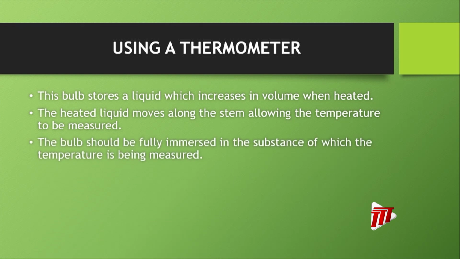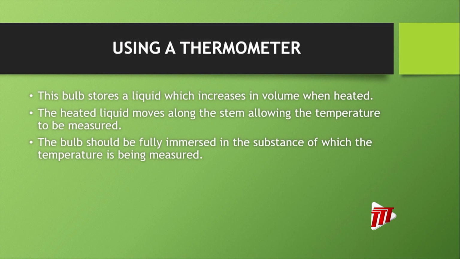And in the actual use of the thermometer, we have certain rules. If we are placing a thermometer into a liquid, the bulb, and remember the bulb is where the liquid is, is where the changes need to take place.